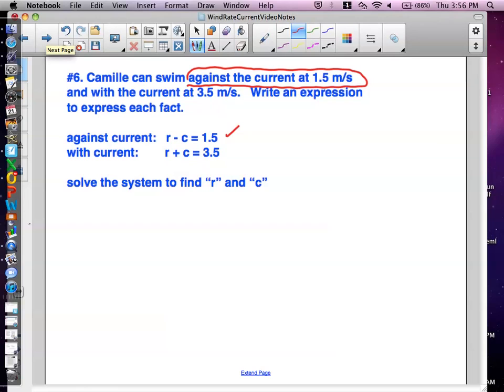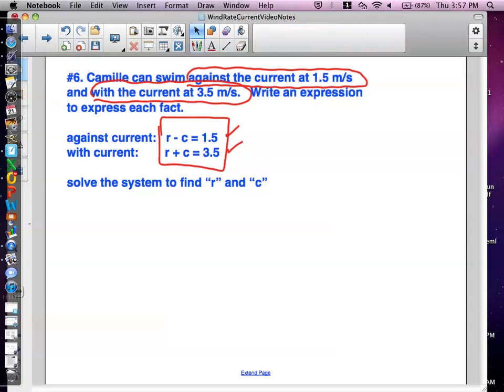And then traveling with the current at 3.5 meters per second, you're going faster, it's pushing you along, and so the expression R plus C equaling 3.5 would represent that phrase. If you were asked to solve the system, this would be your system, but this exercise is just getting you set up so that you can get your mind wrapped around how you express going with the wind and how you express going against the wind.